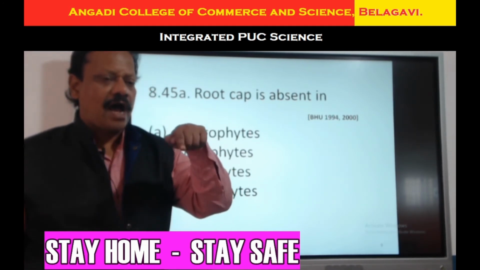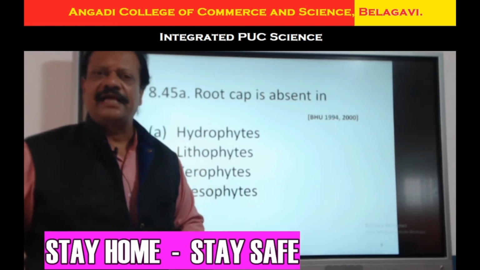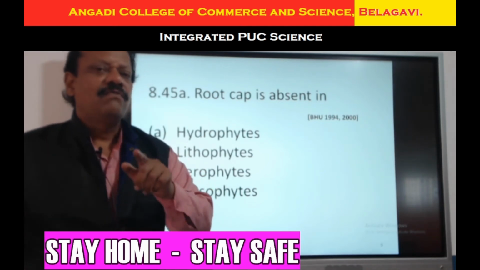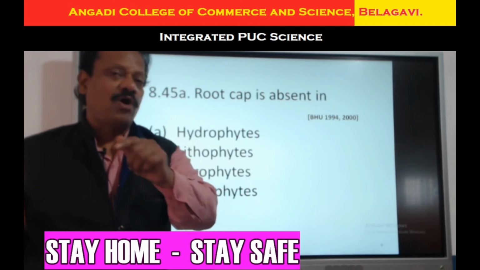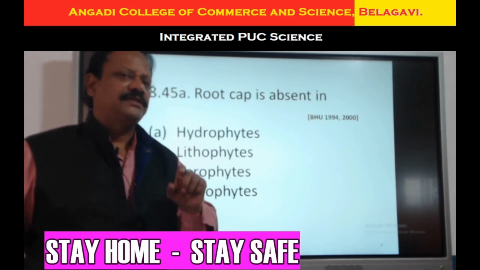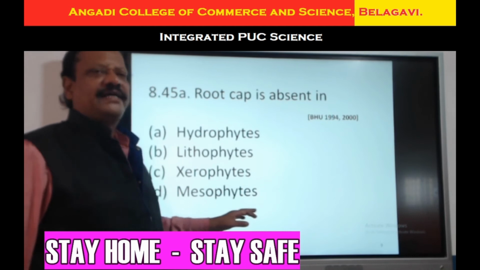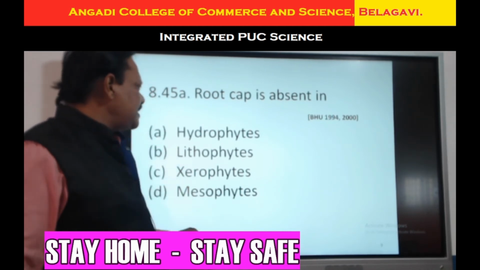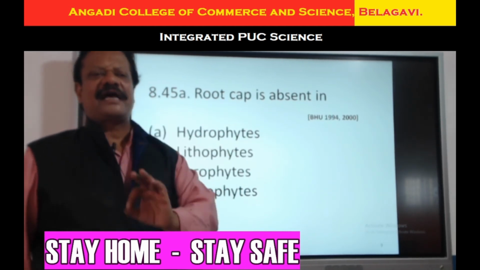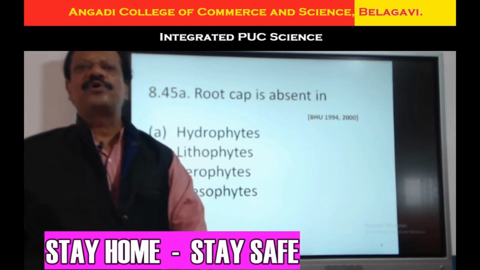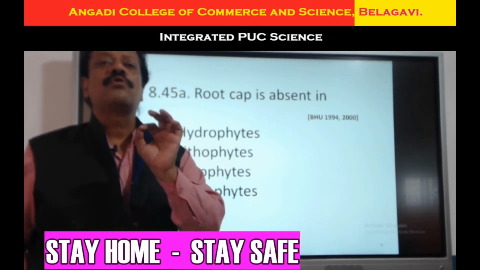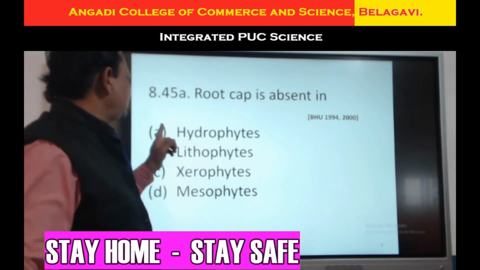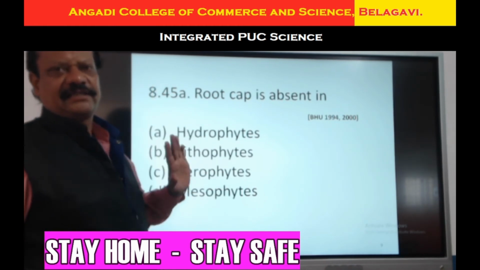The root is undergoing in search of water. So for that purpose, the root cap is required. Mesophytes are also containing root caps. But here, hydrophytes, they are not having the root caps. Instead of root caps, they are having root pockets. So the option A is the right answer here.